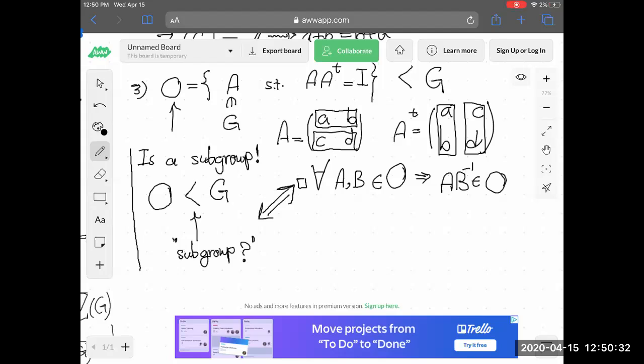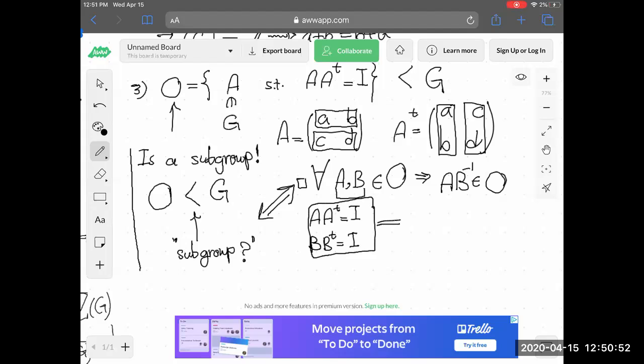So here, I'm assuming A and B are in O, which means A A transpose equals identity. B is in O, which means B B transpose is equal to identity. This is what I know.